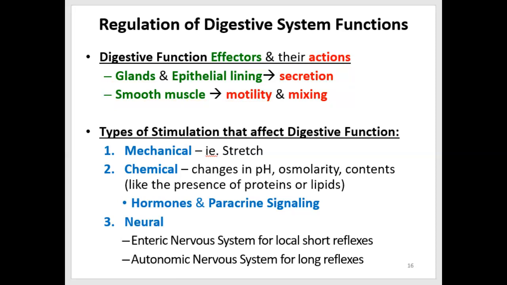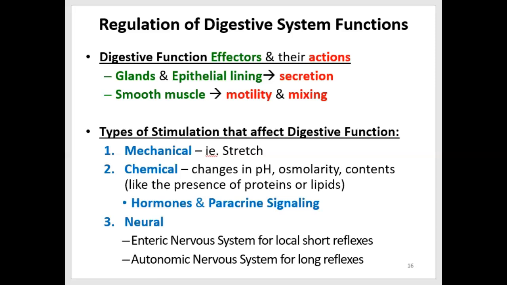So many stimuli can enhance either secretion or motility. In some cases it will be mechanical stretch, which causes increased secretion or motility, like when the stomach receives food, the stomach is stretched, it contracts in response. In other cases, it's the presence of certain chemical compounds that will either increase secretion or motility.